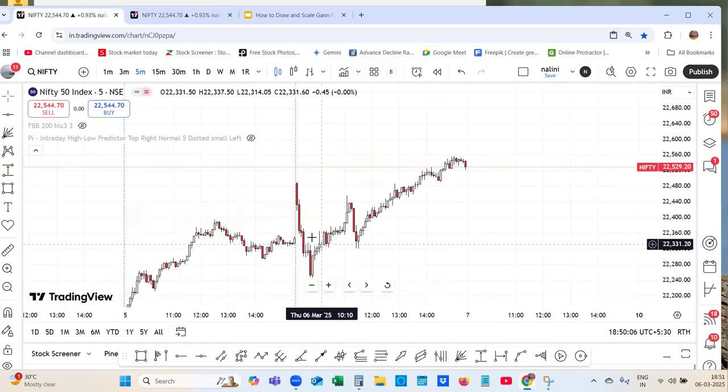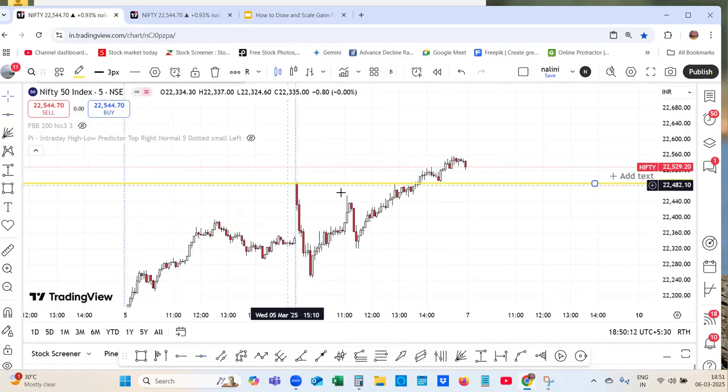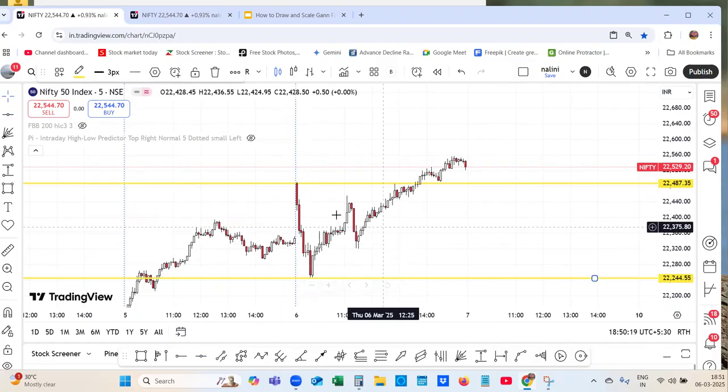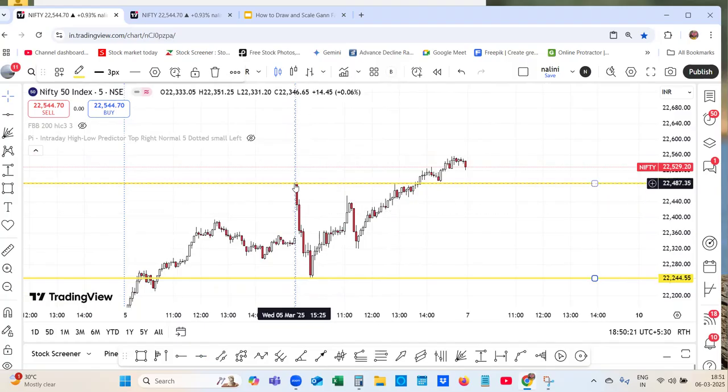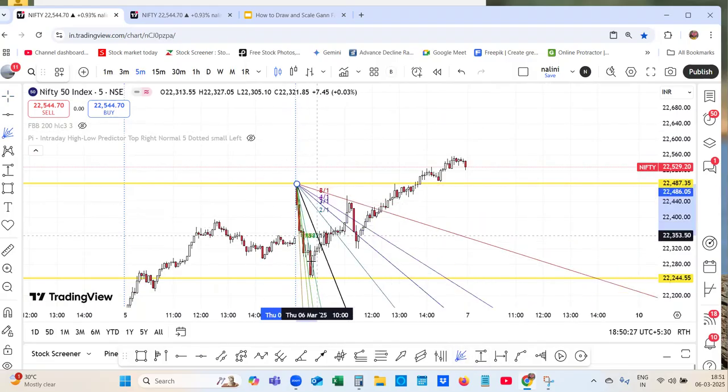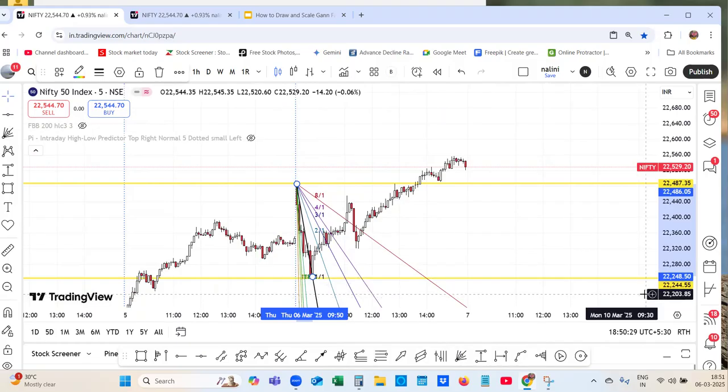Suppose I want to draw a Gann fan. I'm considering this as the top, and I am considering this as an intraday swing low. So I'm applying the Gann fan from this level, taking this and approximating it. Okay.